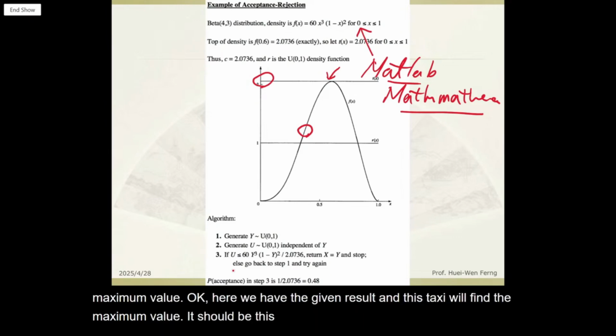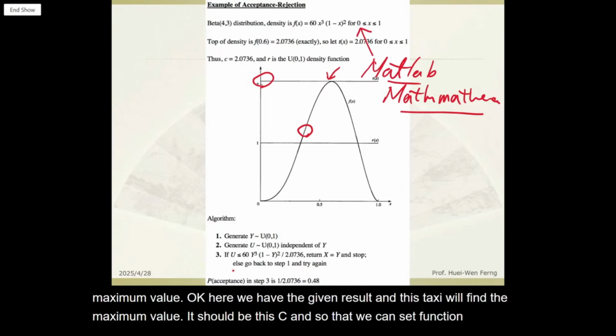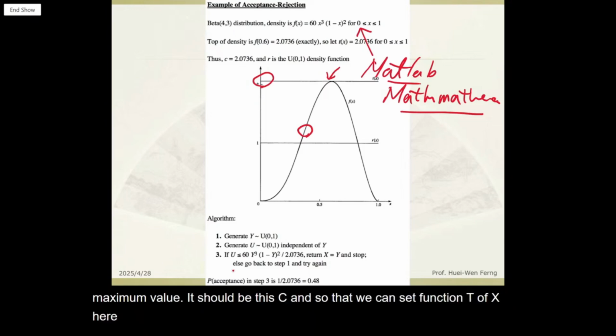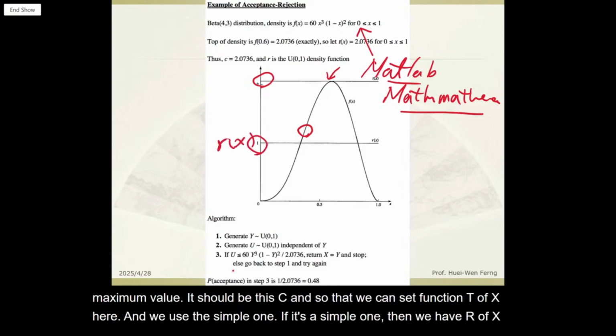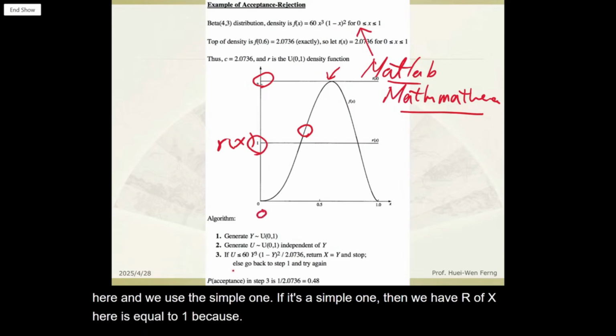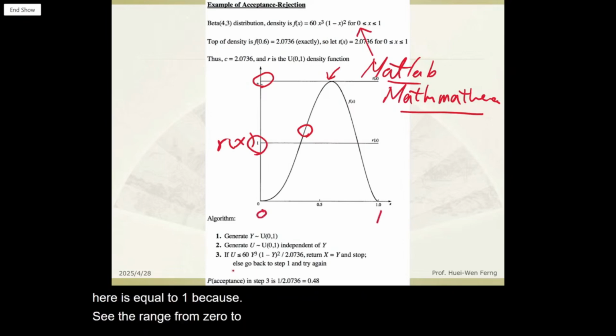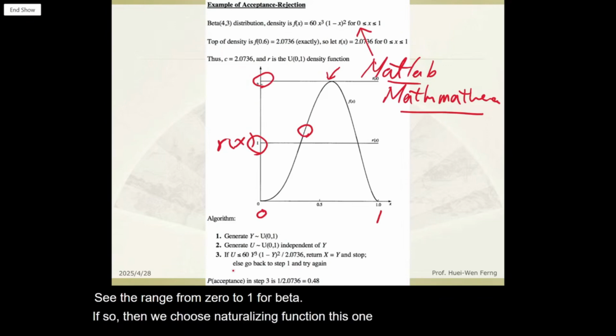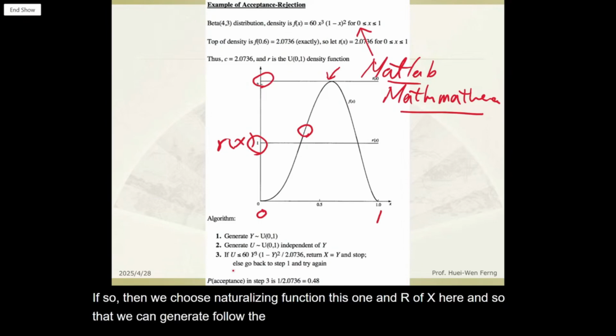And so that we can set the function t of x here, and we use the simple one. If it's a simple one, then we have r of x here. It's equal to 1 because we can see the range from 0 to 1 for beta. If so, then we choose the majorizing function, this one, and the r of x here. And so that we can follow the algorithm, generate y.